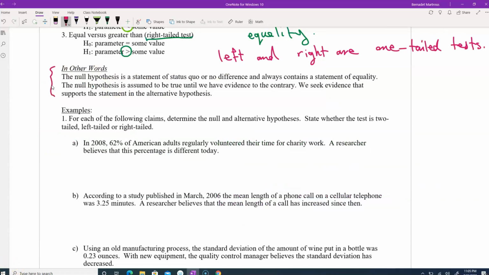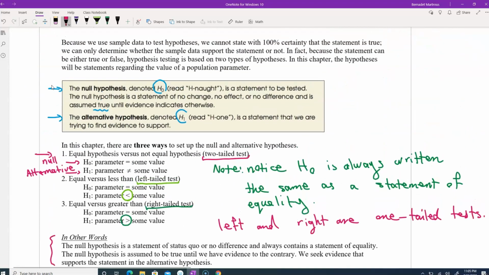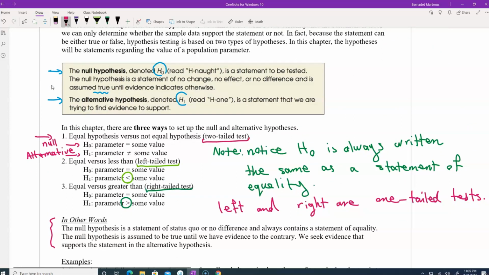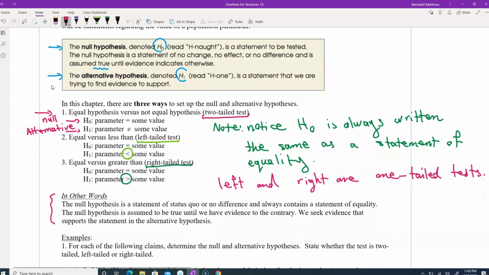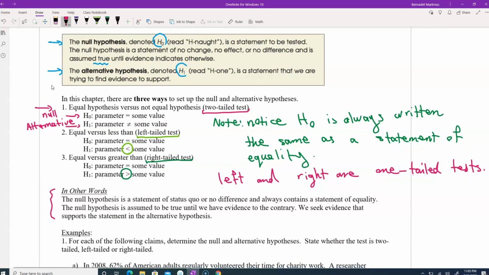Here again I have exactly what I covered on top: the null is the statement to be tested, this is always assumed true, and we have a statement of equality.